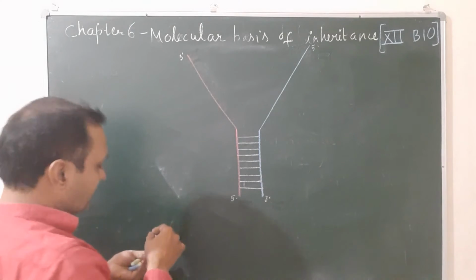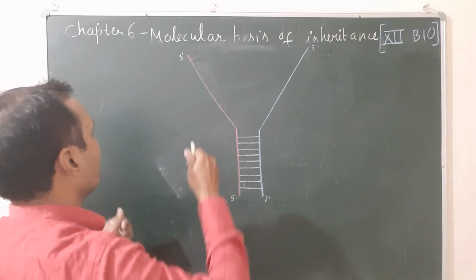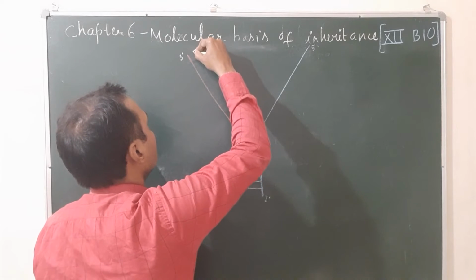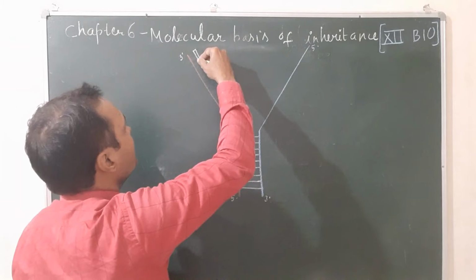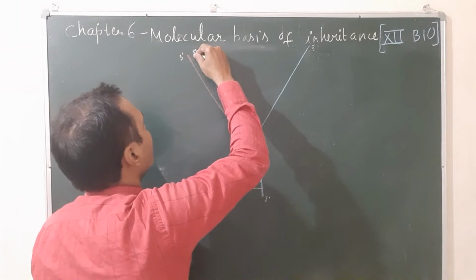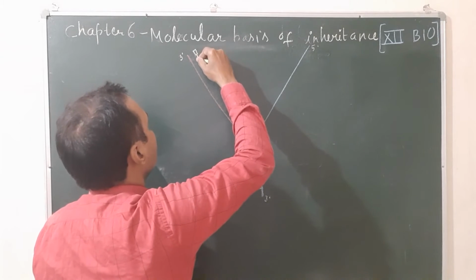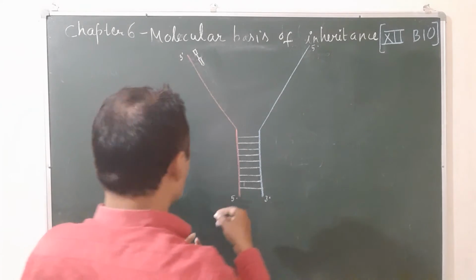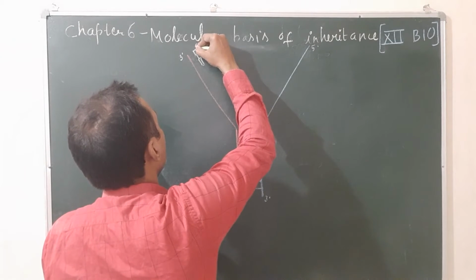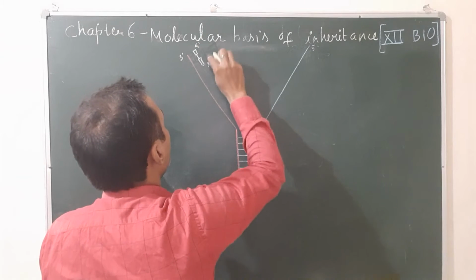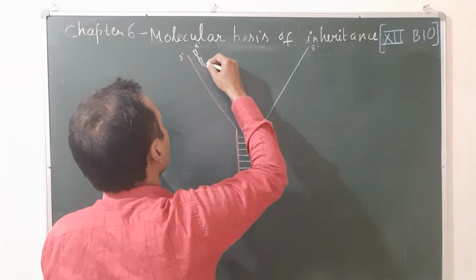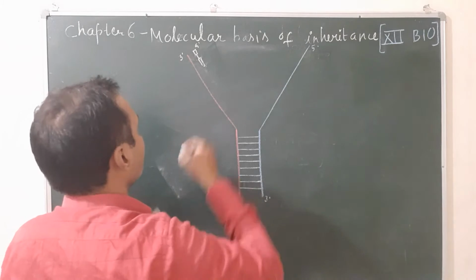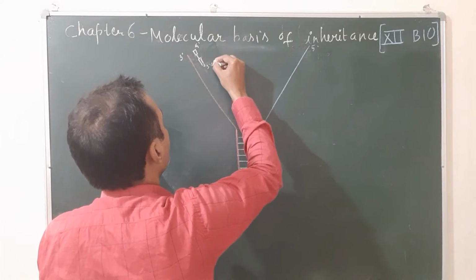In step 2, a short strand of RNA is synthesized at the 3' end of both strands, having polarity 3' to 5' or 5' to 3'. A short strand of RNA is synthesized at the 3' end of both strands of DNA, and it also has polarity 5' to 3', and it has a 3' OH group through which new nucleotides are added.